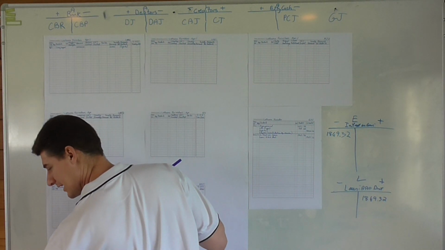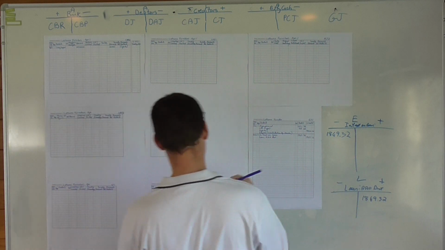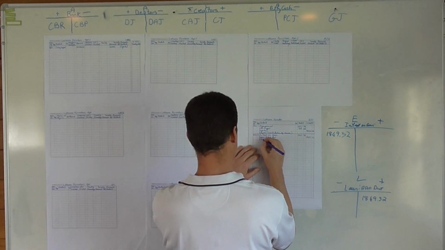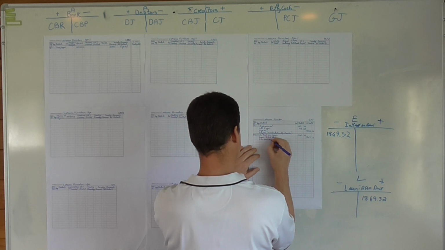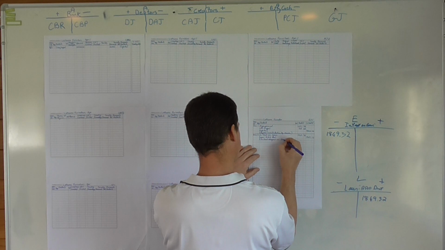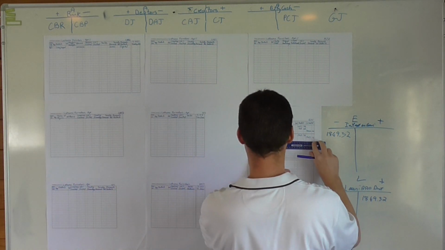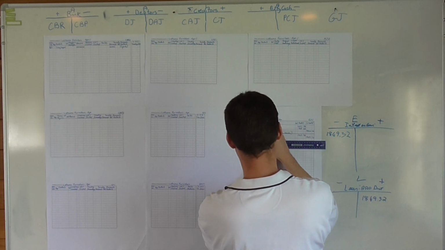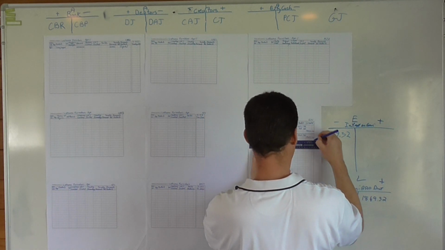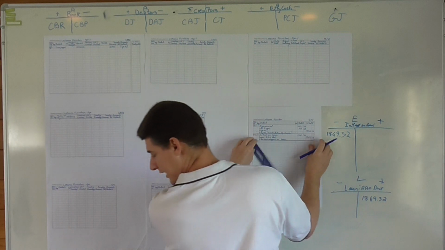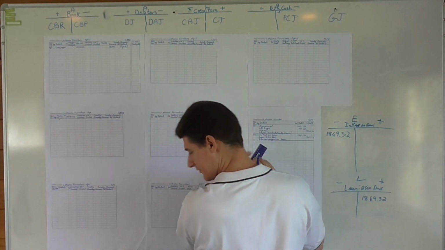So the little explanation is basically your interest charged on loan. And let's draw a line. Okay, so that then is the first part.